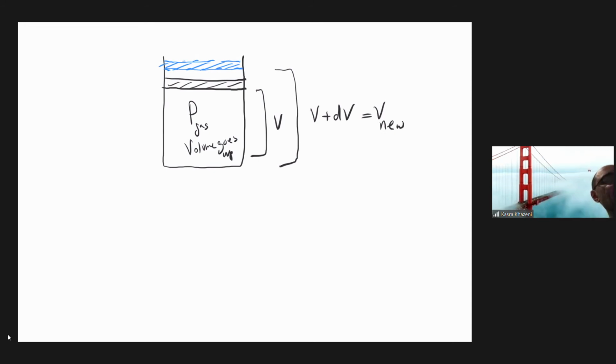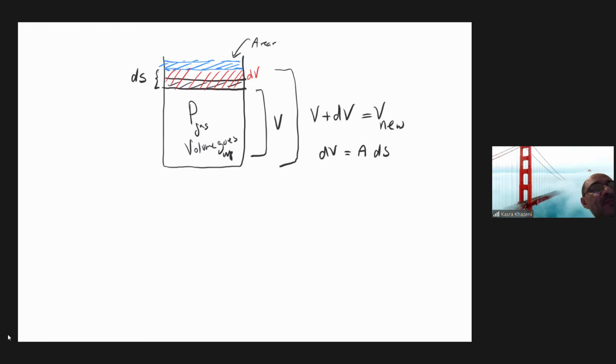Now, that little bit of change, if you consider the area of the piston, is just simply this distance, let's say ds. So dV is really just the area times ds. This is the change in volume, and for a cylindrical geometry it's equal to the height times the area. So that's dV.